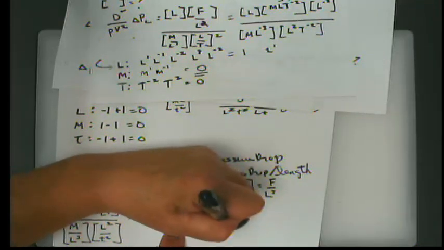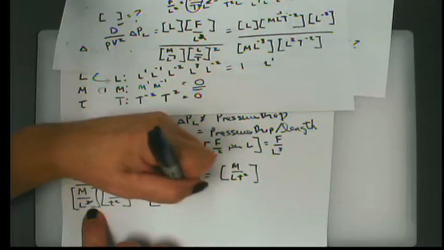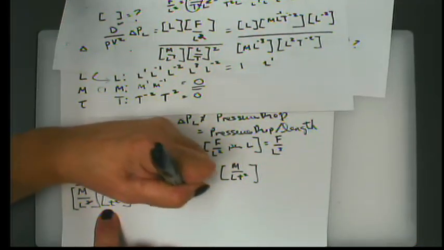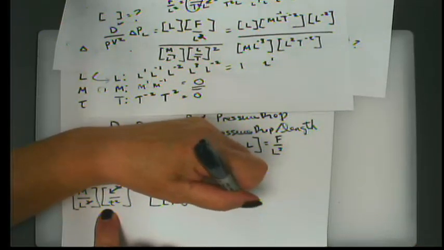which leaves us with dimensions of mass per length times squared in the numerator, and in the denominator we have mass, this goes away, per length times squared in the denominator. And so you can see that the lengths cancel out when you put in the proper dimensions to begin with. So I apologize for that.